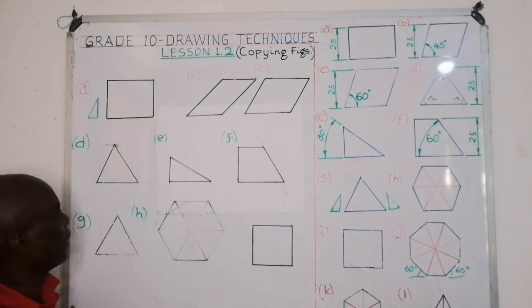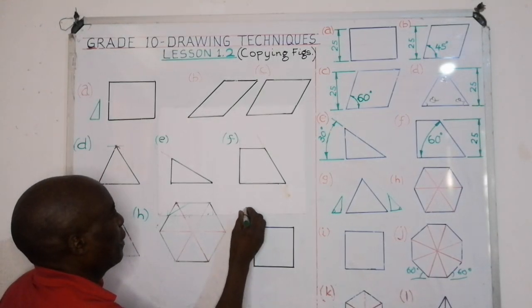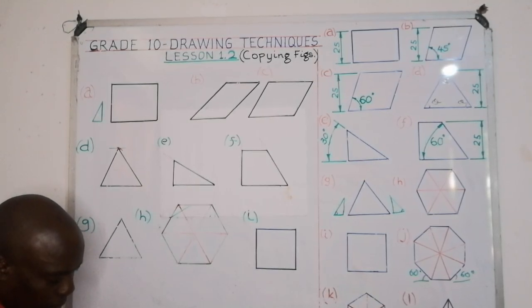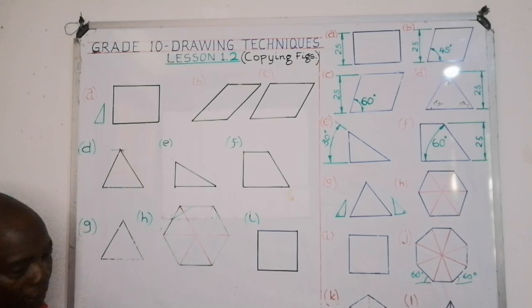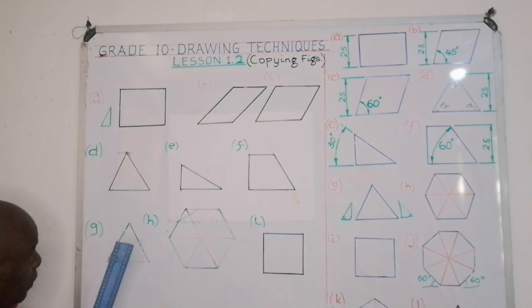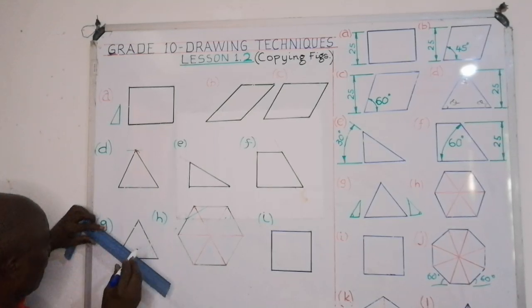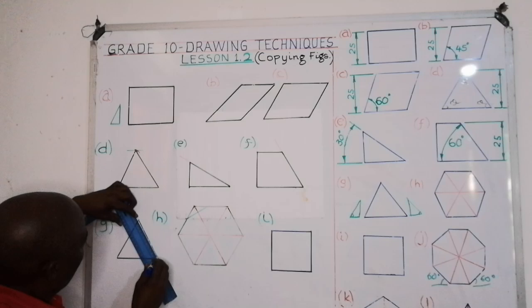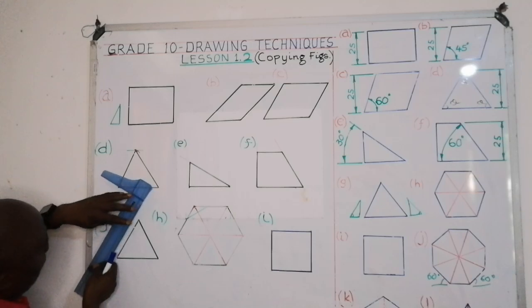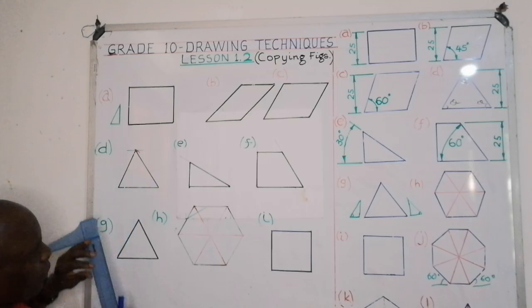So that's our square, which is I. Right. Outline this.